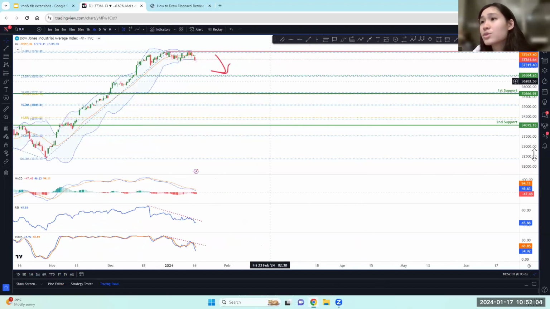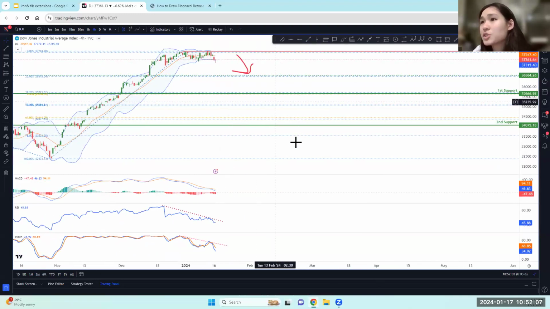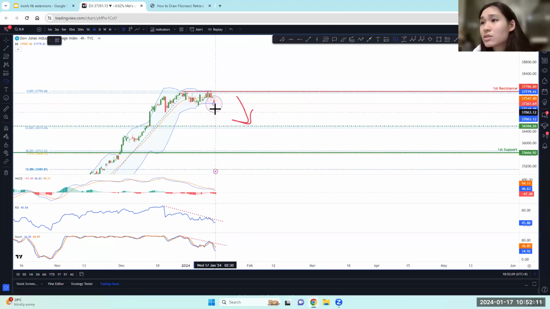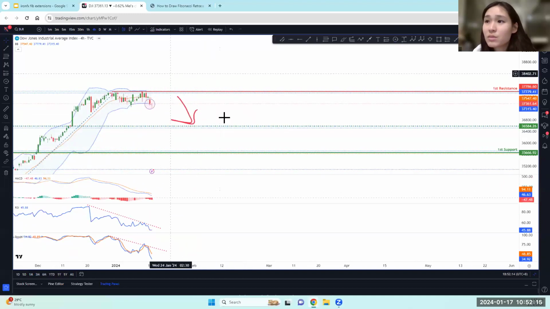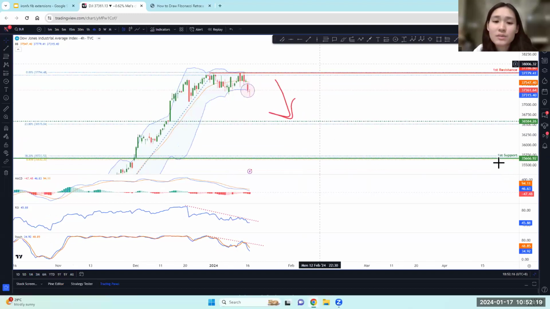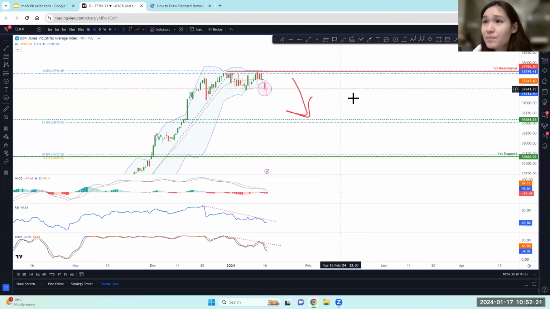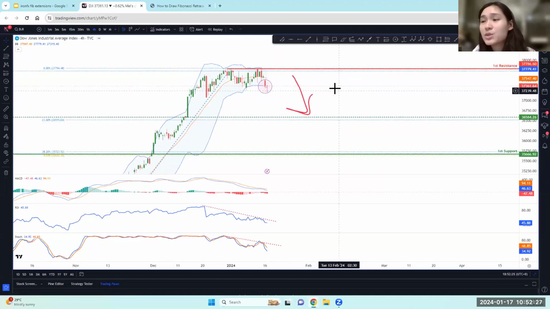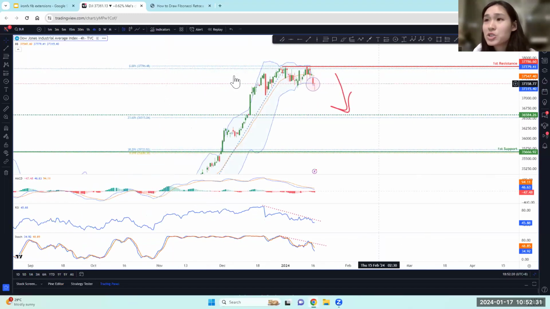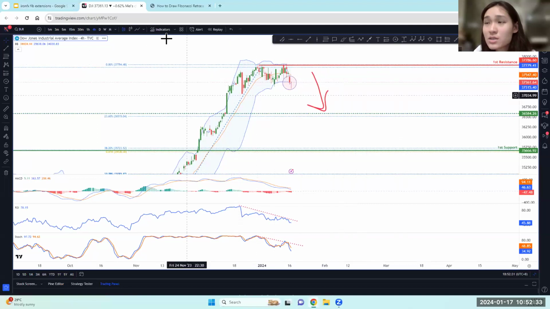You can see that price is breaking out of the bottom band of our Bollinger Band, so it's also supporting our bearish analysis. Out of the 5 indicators that we've used, 4 out of 5 of them have given us a bearish signal, which supports our analysis.